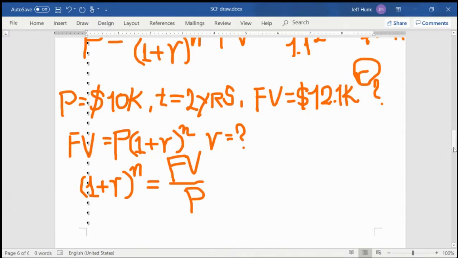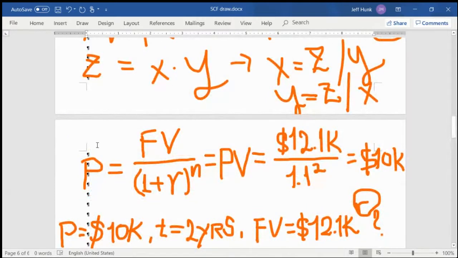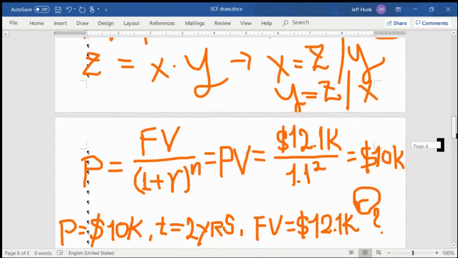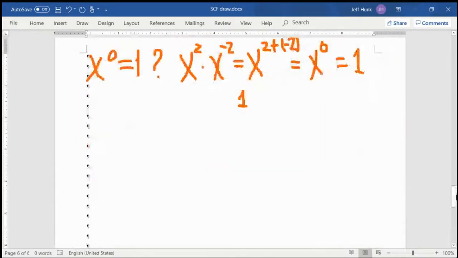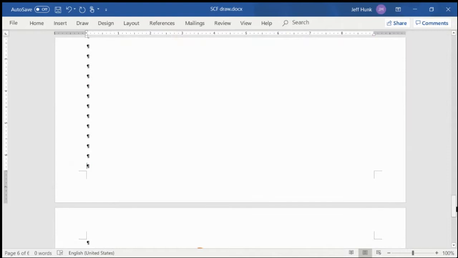And when P is the unknown, we find the present value this way. When R is the unknown, we find R this way. Our next question is then, what if we don't know N? Well, we will solve for N later.